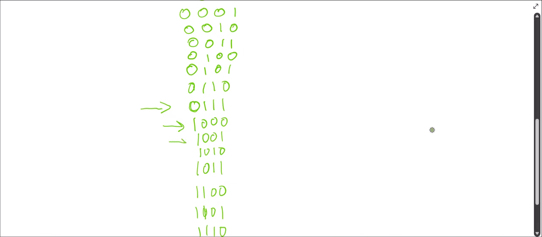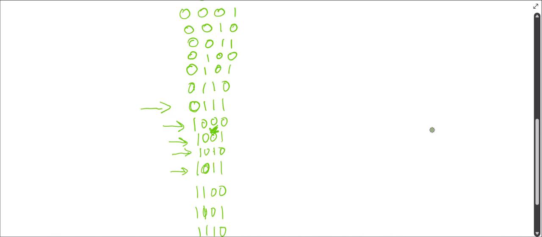Now, when we're on this one, this bit has all 1s after it, so it flips from 0 to 1, and all the ones that were after it go to 0. Okay, so it's now here.